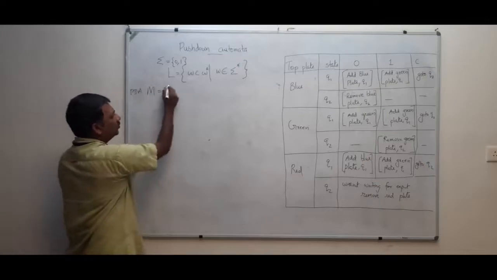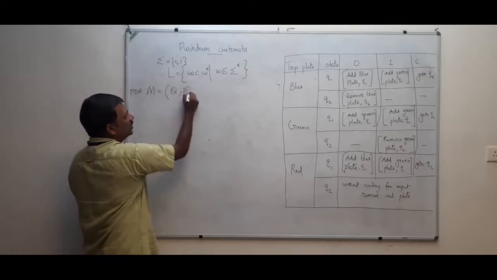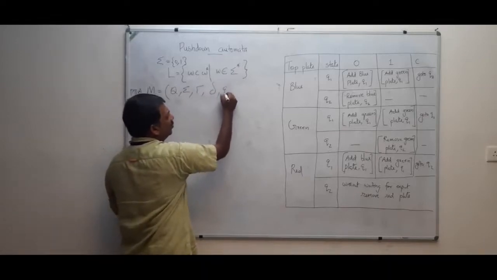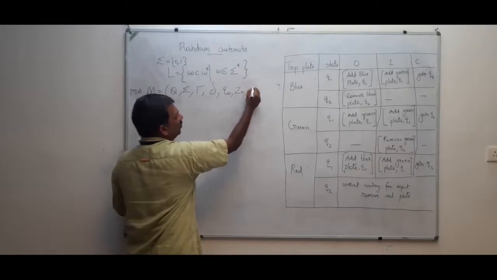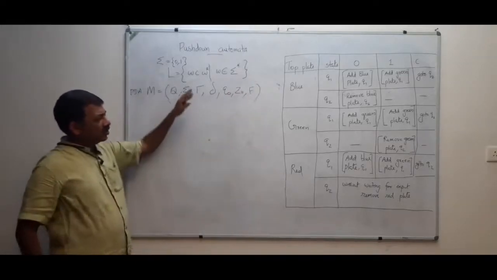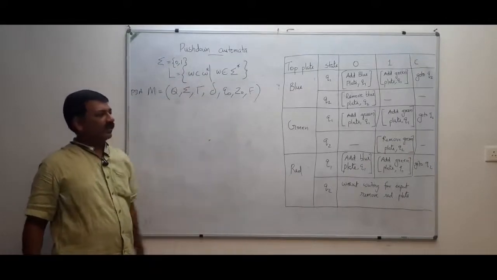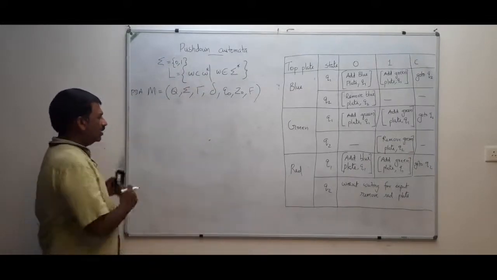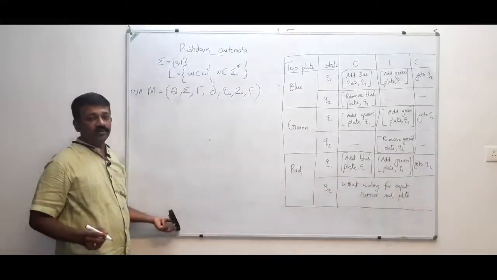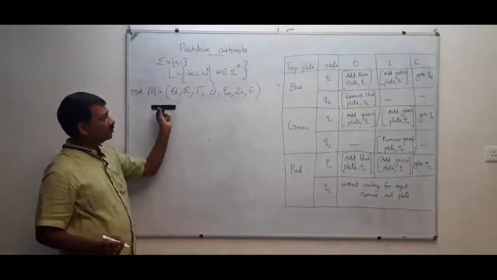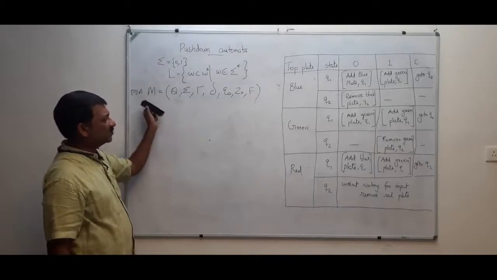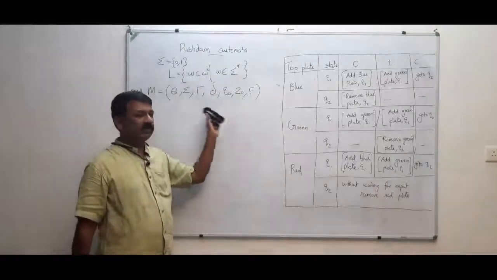M is equal to Q, sigma, gamma, delta, Q0, Z0, F. This is the PDA. We have defined a pushdown automaton, not a finite automaton, and there are two types of pushdown automaton: accepting by final state and accepting by empty stack.